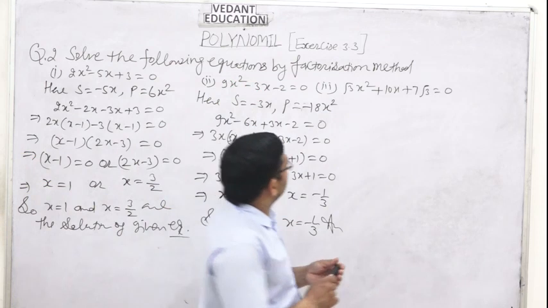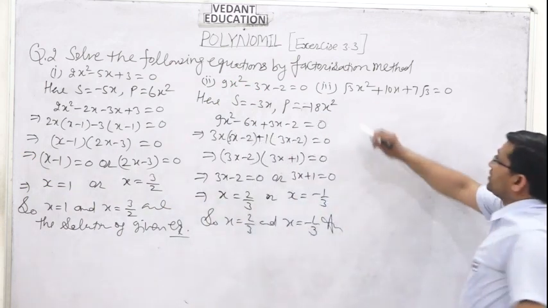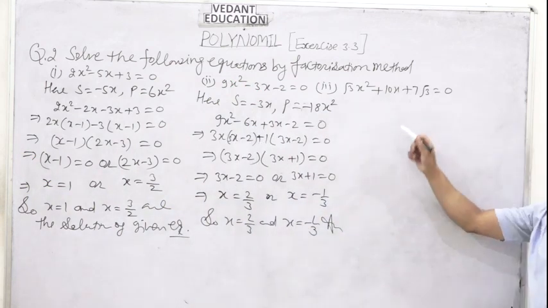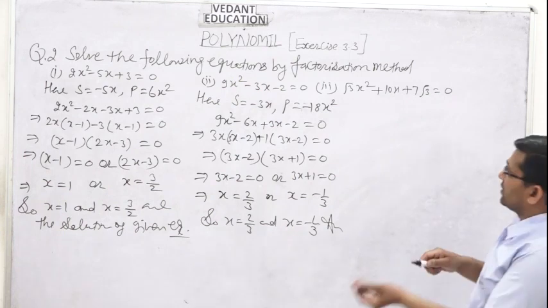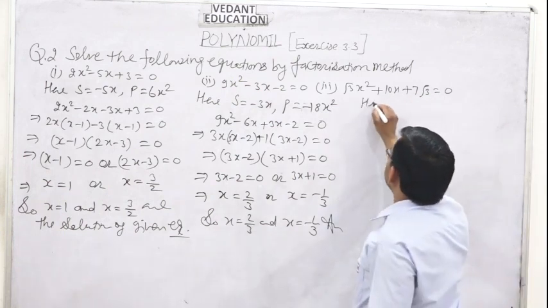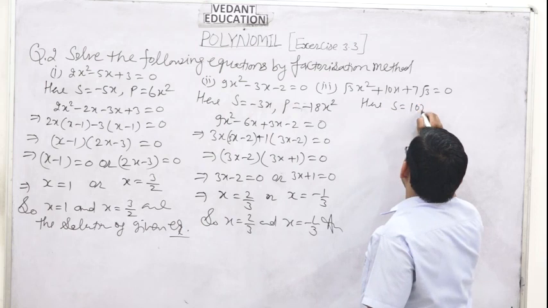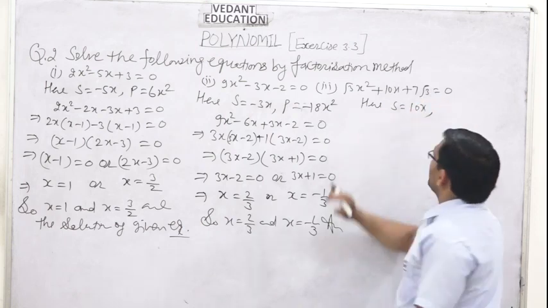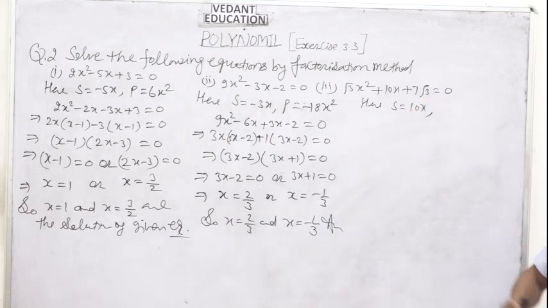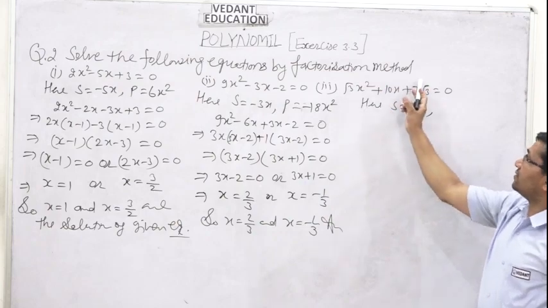Clear? Next. Similarly, part third, root 3x square plus 10x plus 7 root 3 is equal to 0. Here again, sum is 10x and product is the multiplication of first and third term.